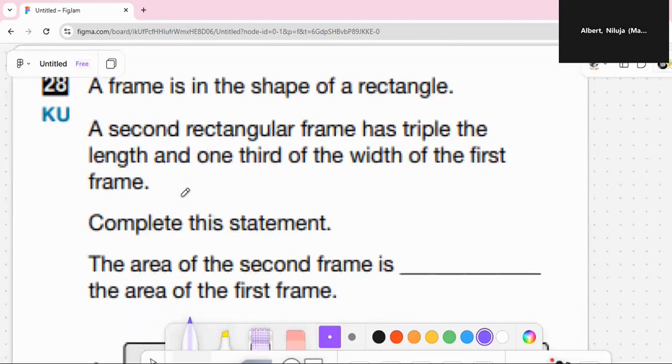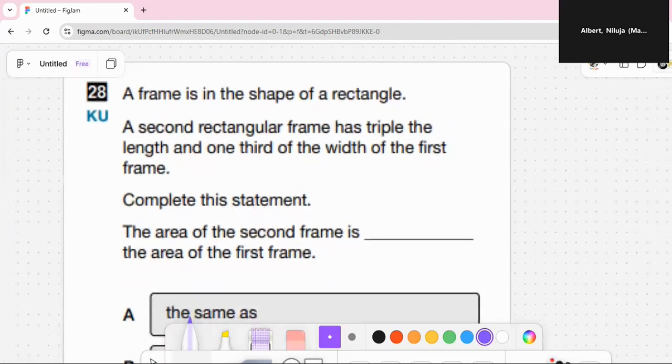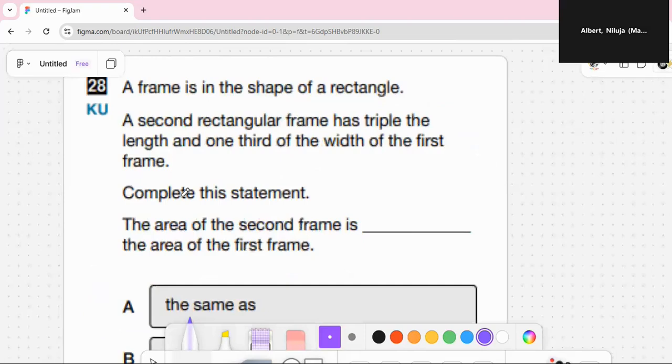A frame is in the shape of a rectangle. A second rectangular frame has triple the length and 1/3 of the width of the first frame. Complete this statement. The area of the second frame is a blank the area of the first frame.